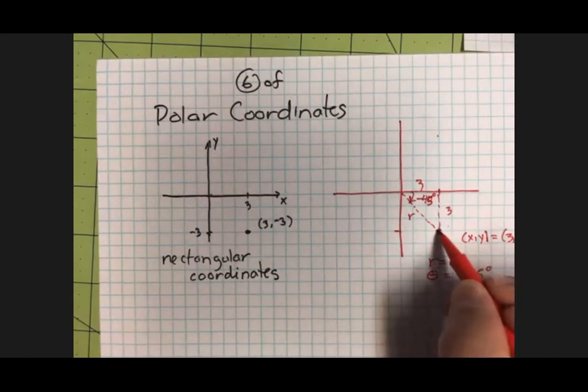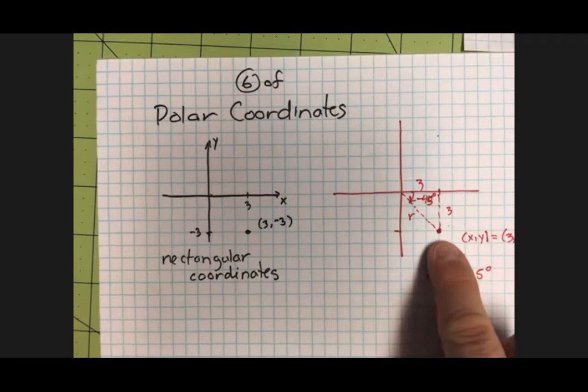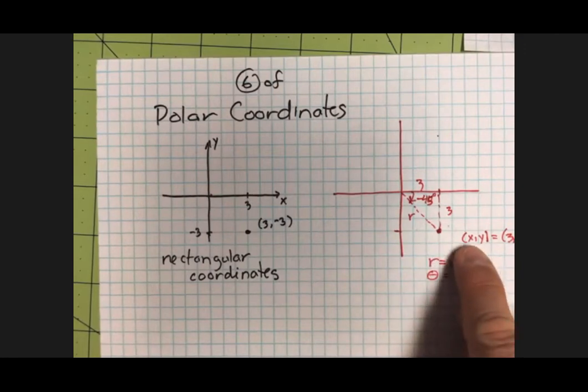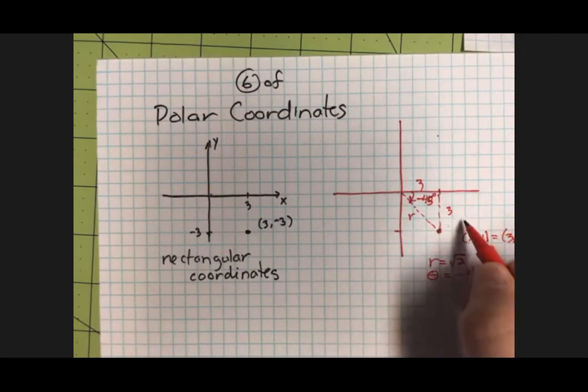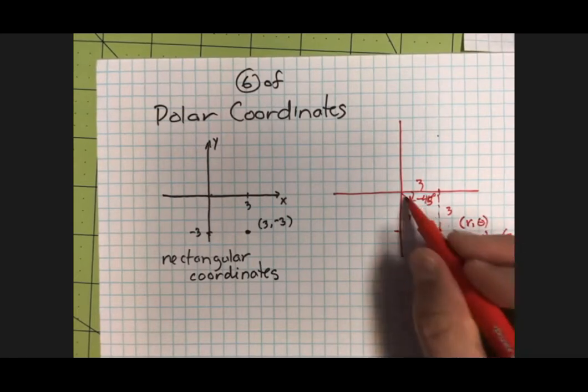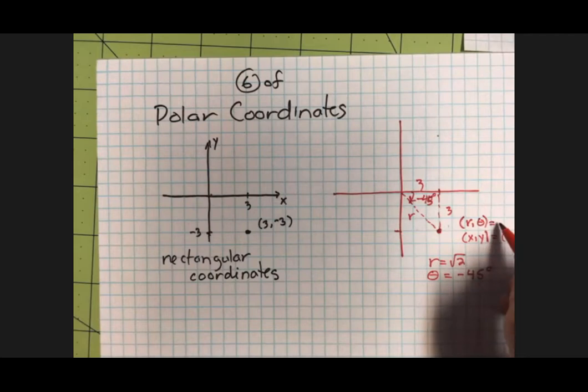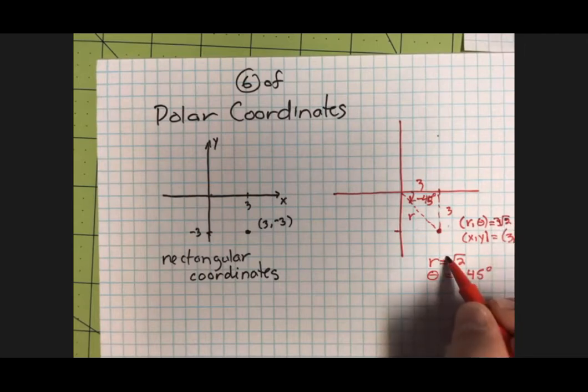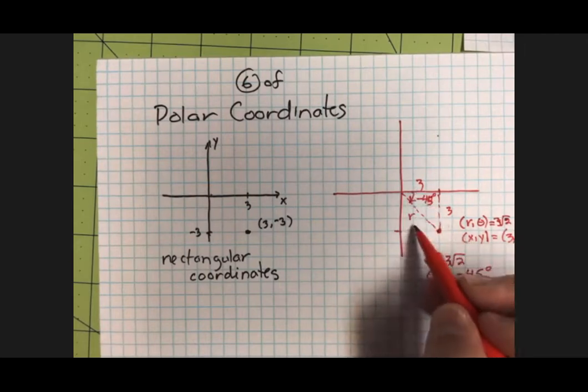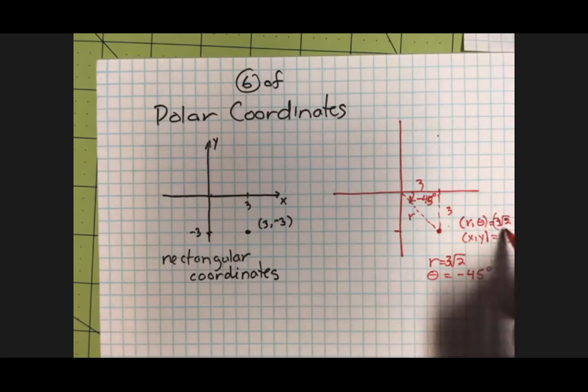So sometimes people describe this point not as xy equals 3 minus 3, but in terms of its r and theta, and they write 3 root 2, I have to multiply that 3 times root 2, and minus 45 degrees.